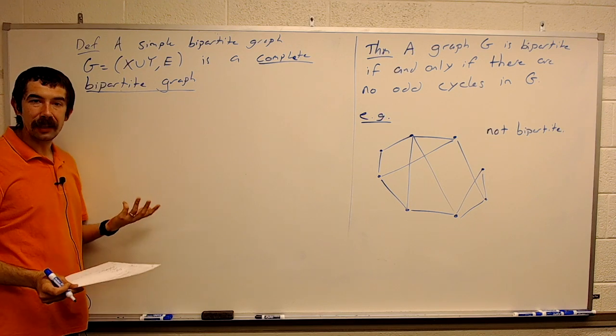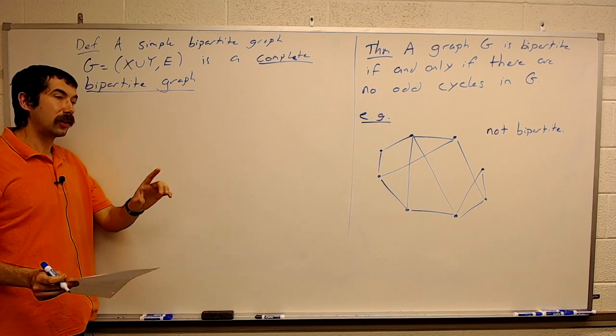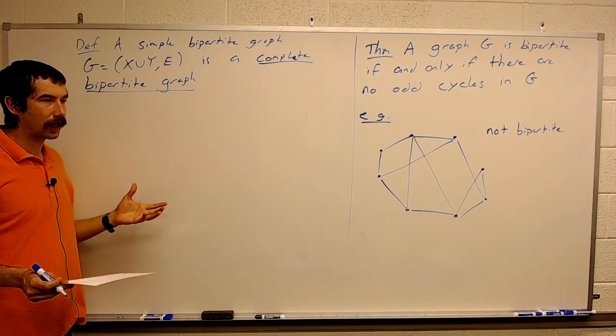Okay, so remember what a complete graph was. A complete graph is when every pair of vertices has an edge between them. So what is a complete bipartite graph?